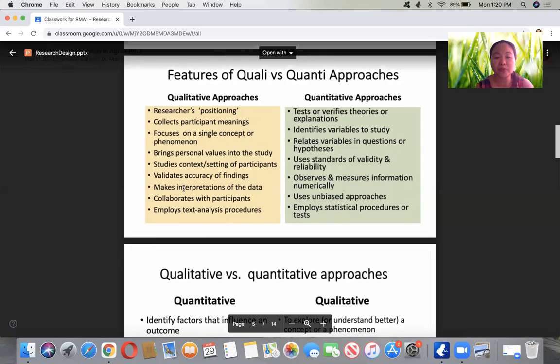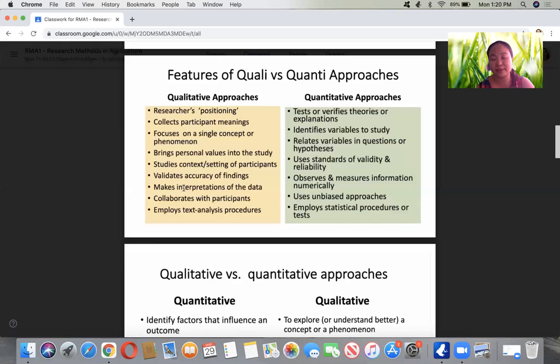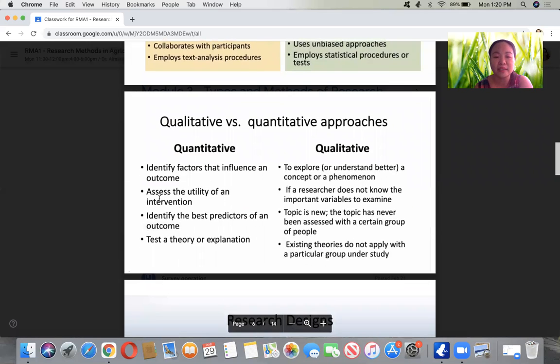For the qualitative approach, it's more of a social study. Another one is that for quantitative, it identifies factors that influence an outcome. You can just ask a person what his or her experiences are, and you can identify those factors and derive from the interview, and that's the result, or the answers to the questions.